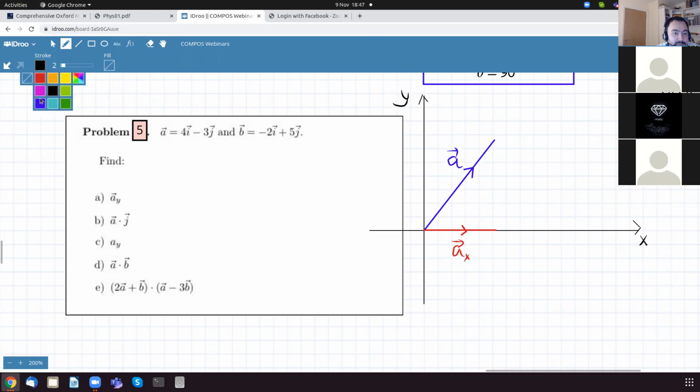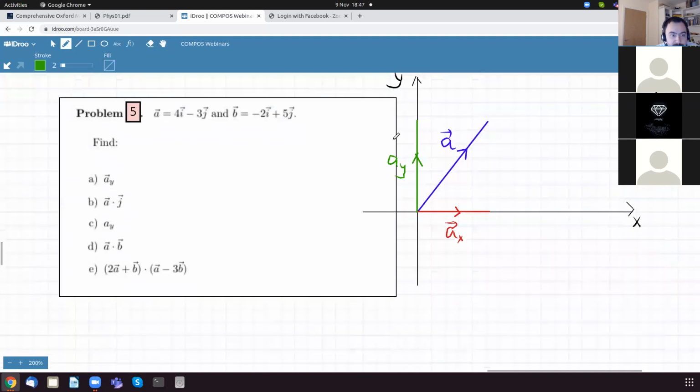Similarly, this is the projection of vector A on the y-axis, and it is called AY. AY is also a vector.